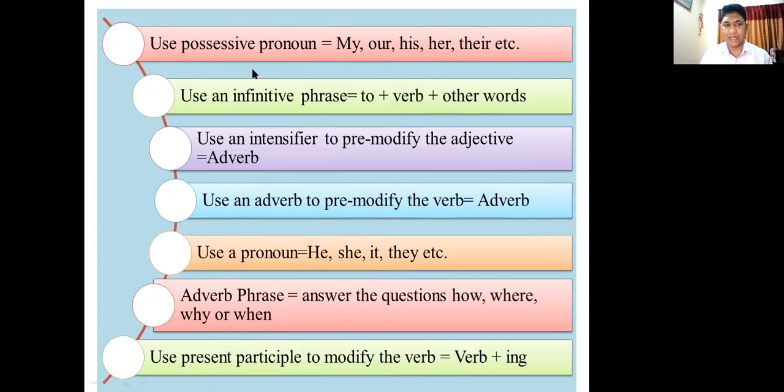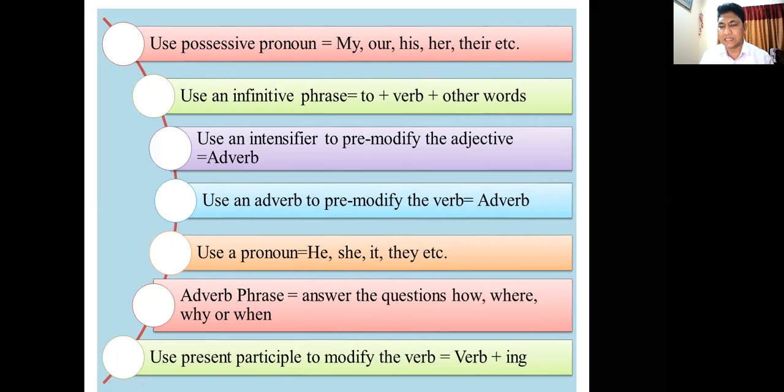Come to the next slide, that is use possessive pronoun. When you are asked to use possessive pronoun, okay, as pre-modifier, you have to write my, our, his, her, their, your, its. You have to write appropriate possessive pronoun according to the subject. According to subject, okay.